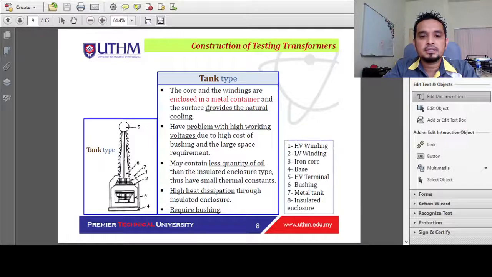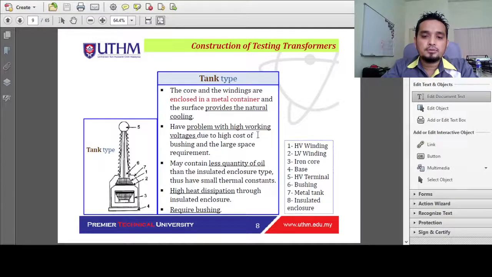It is because it needs to provide natural cooling to the oil within the transformer. It means the metal will be in contact with the ambient temperature, and metal, as we know, has good thermal conductivity. So hopefully the cooling of the metal will effectively cool the oil within the transformer.